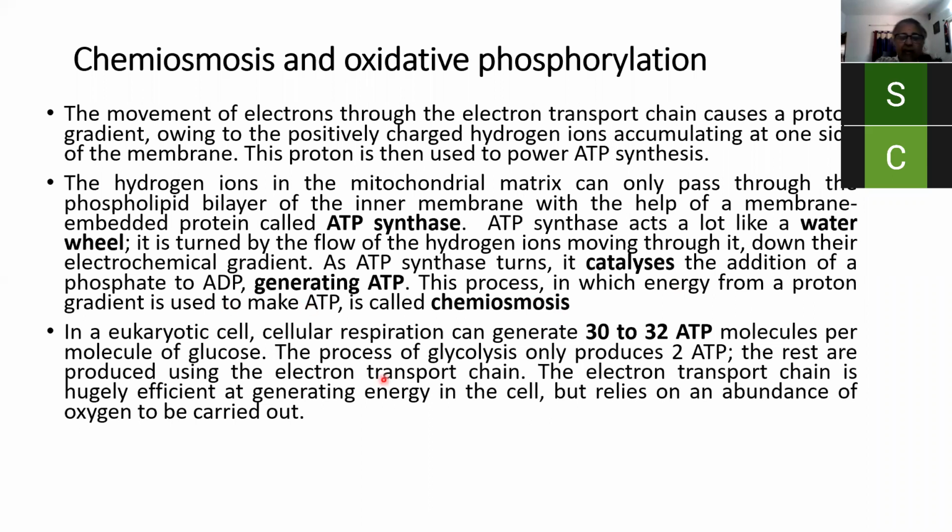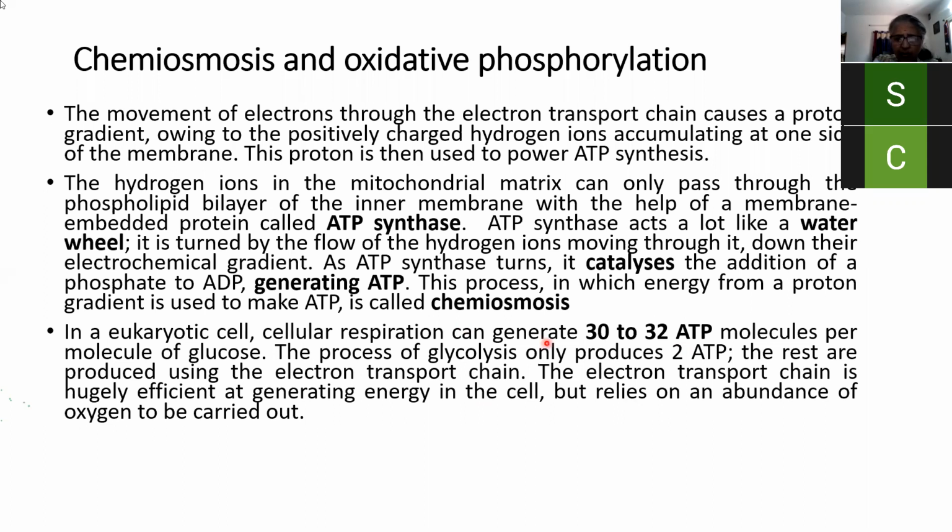And we see that in a eukaryotic cell, because of the cell respiration, 30 to 32 ATP molecules will be generated from one molecule of glucose. Only the remaining 6 or so is generated in substrate level phosphorylation and otherwise. So most of the energy is generated by the electron transport chain and chemiosmosis.